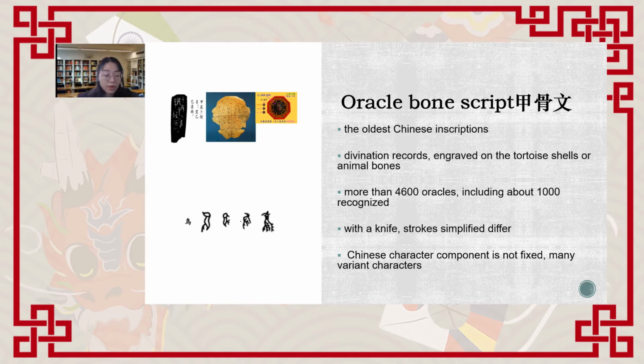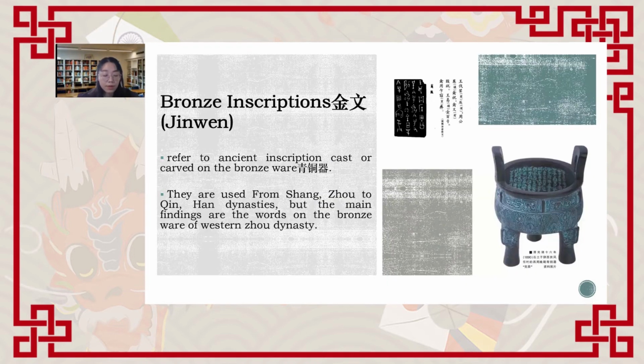The oldest Chinese inscriptions are the oracle bone script. Perhaps only about half of known oracle bone logographs can be identified with the later Chinese characters, and therefore easily read. And next is bronze inscriptions.